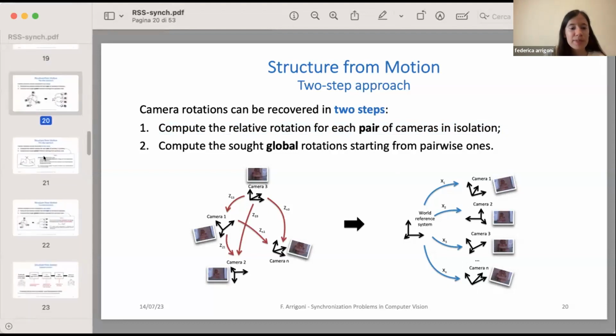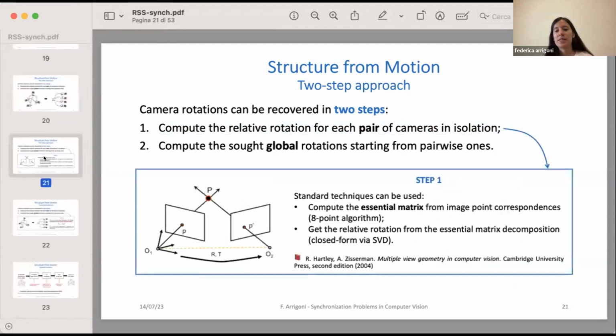The first step is something that is extremely standard in computer vision. For example, we can recover the relative rotation of a camera from the so-called essential matrix, which can then be factorized into rotation and translation using singular value decomposition.